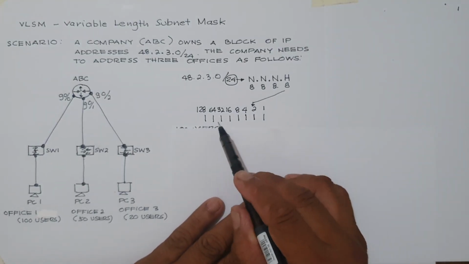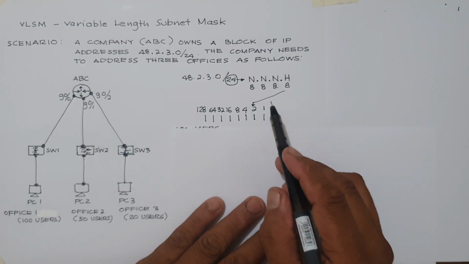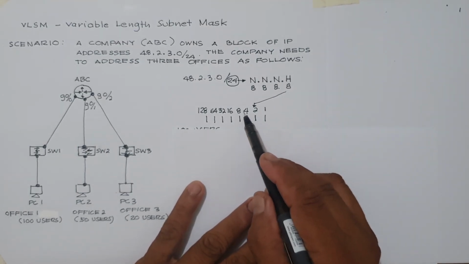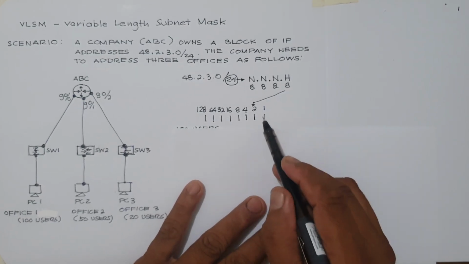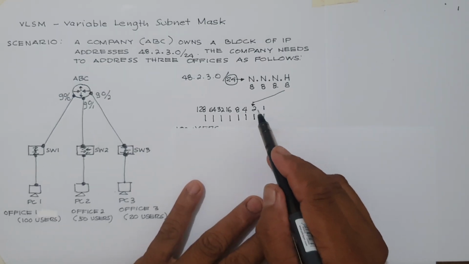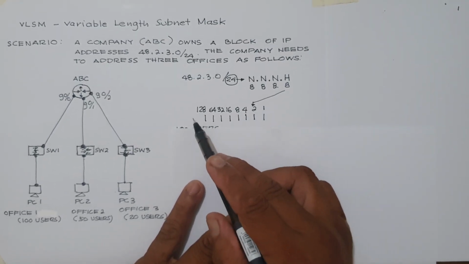So these are the 8 bits, and on top of each of these bits is the place value of 2, this being a binary. So starting from 2 raised to 0, that will be 1, 2 raised to 1 is 2, and so on up to the left.